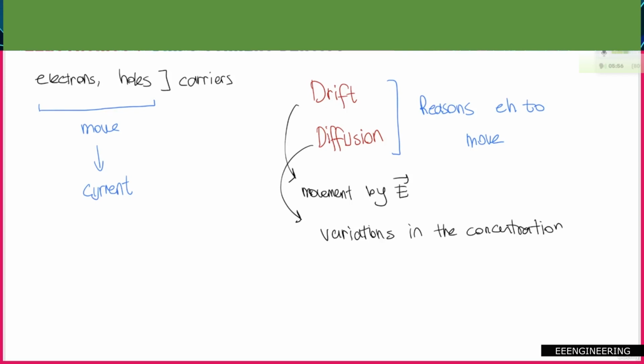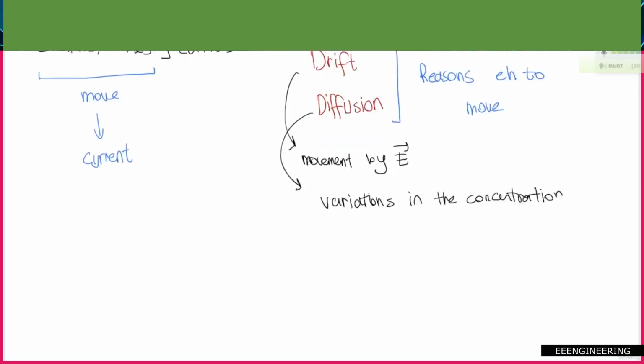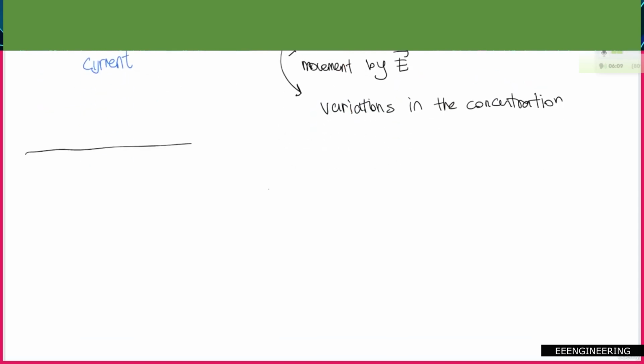So in this lecture, we are going to talk about drift current density. To put it in a good way, an electric field is applied to a semiconductor. Let me go down a little and draw a line. Here we have a semiconductor and we are applying an electric field to that semiconductor. This electric field creates a force that acts on free electrons and holes.